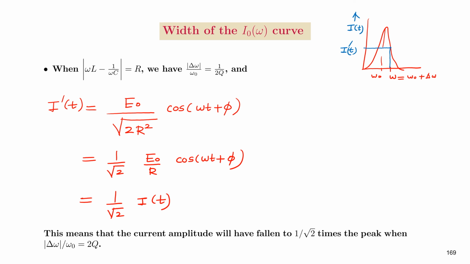which is nothing but 1 over square root of 2 multiplied by it. That is, the current amplitude will have fallen to 1 by root 2 times the peak when mod delta omega by omega 0 equal to 1 by 2Q. That is, I dash t equal to 1 by square root of 2 times it.